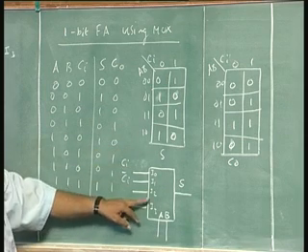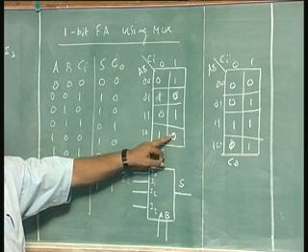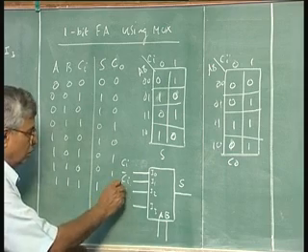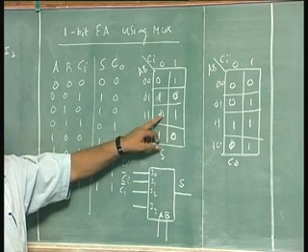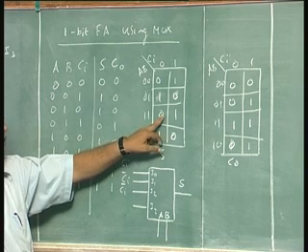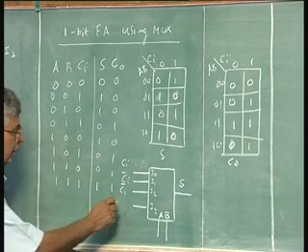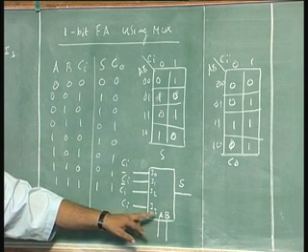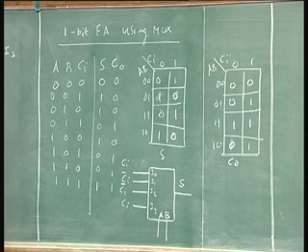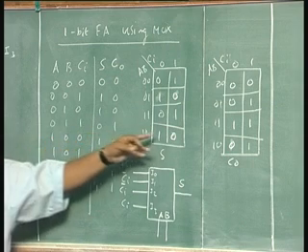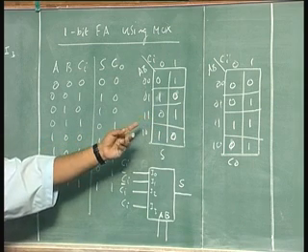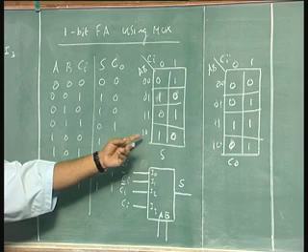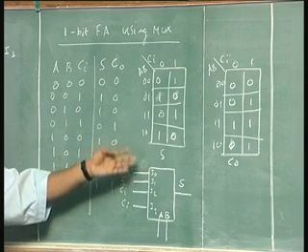Likewise, for this 0, 1, 1, 0, Ci bar, and when AB is 1, 1, sum is 0 if Ci is 0, sum is 1 if Ci is 1. So, I need to connect Ci, correct. So, with a simple 4 to 1 mux and only one gate for inverting Ci, I can get my sum, whereas if I had used this, I have to use two input exclusive OR gates, correct. That is what is the efficiency about this.